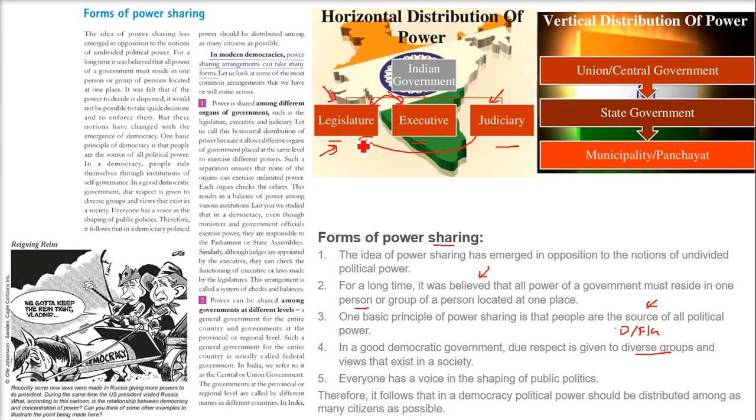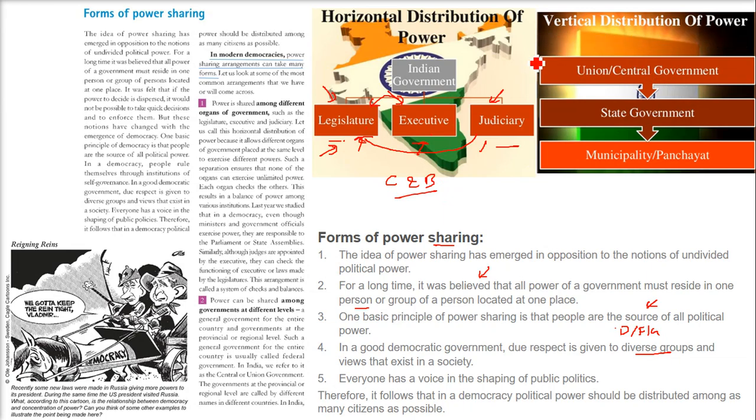The judiciary will check the legislature if it makes a law which is not justified. Every organ of the democracy is at the same level and checks one another. That is why we call this the arrangement of checks and balances.